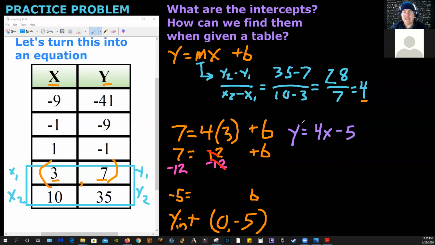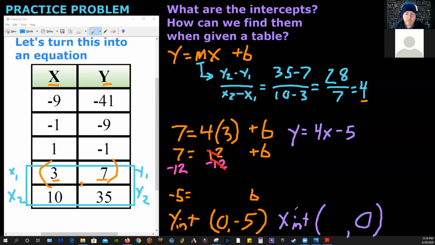Okay, that is the linear equation right there. Now, what we know about x-intercepts is that their y value is always 0. Our x-intercepts always have a y value of 0.